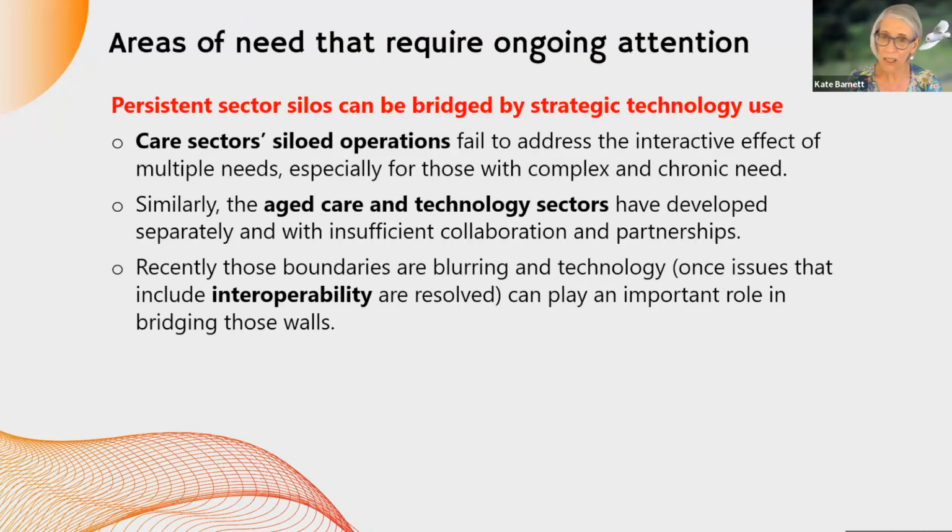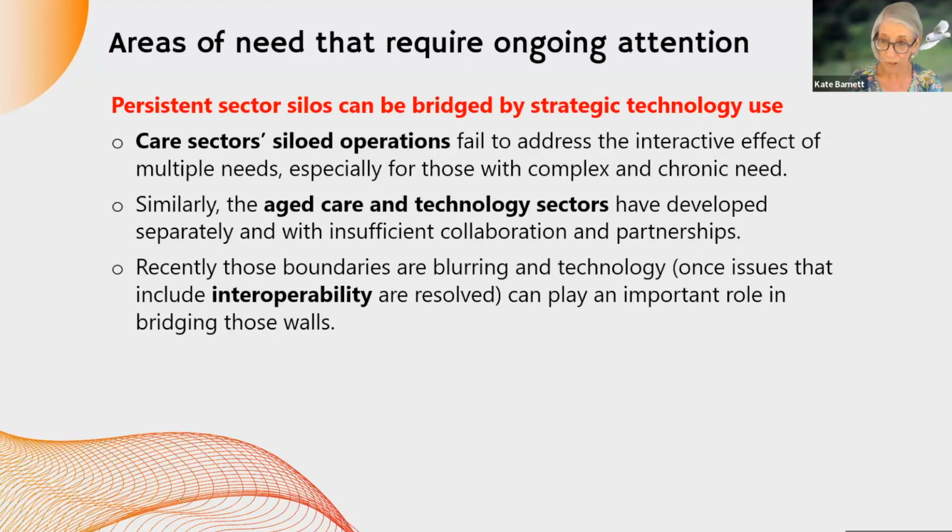So the continued persistent sector silos are really highlighted now when we want to exchange clinical data across care sectors, particularly aged care and health, which of course, when you're working with an older population who are very likely to have multiple and chronic needs, becomes incredibly important. Similarly, there is a continued silo effect between the aged care and technology sectors.